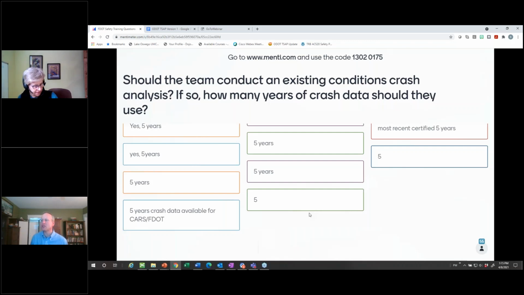So I was just going to share with everyone that she said that the state safety office hears the confusion, they understand, and that there's confusion on the interpretation of the most recent 5 years of complete data, and that they're working with the district safety engineers and representatives from different technical disciplines, in a working group to develop clear guidance.